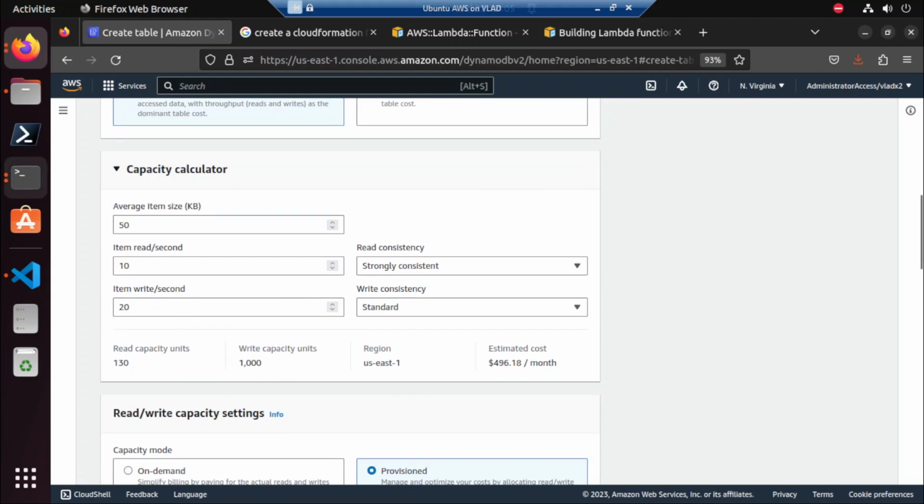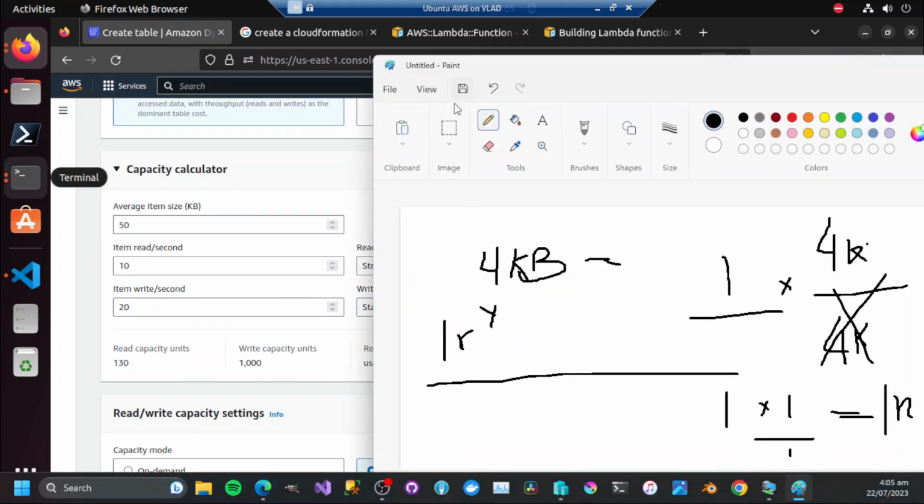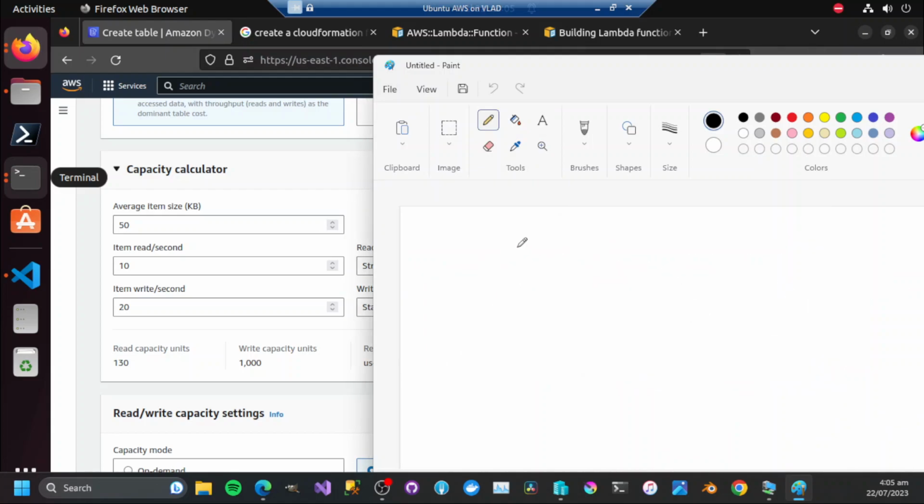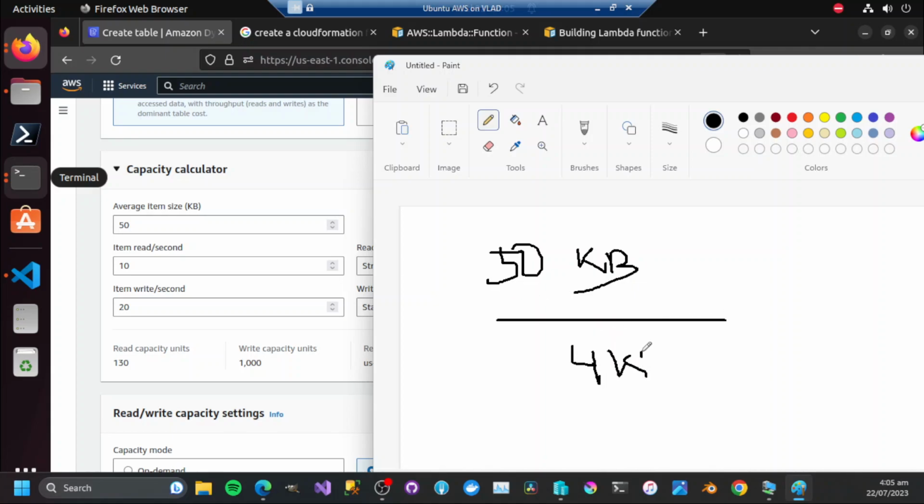So if we have 50 KB, and then it's divided by 4 KB, and then times 10, right?